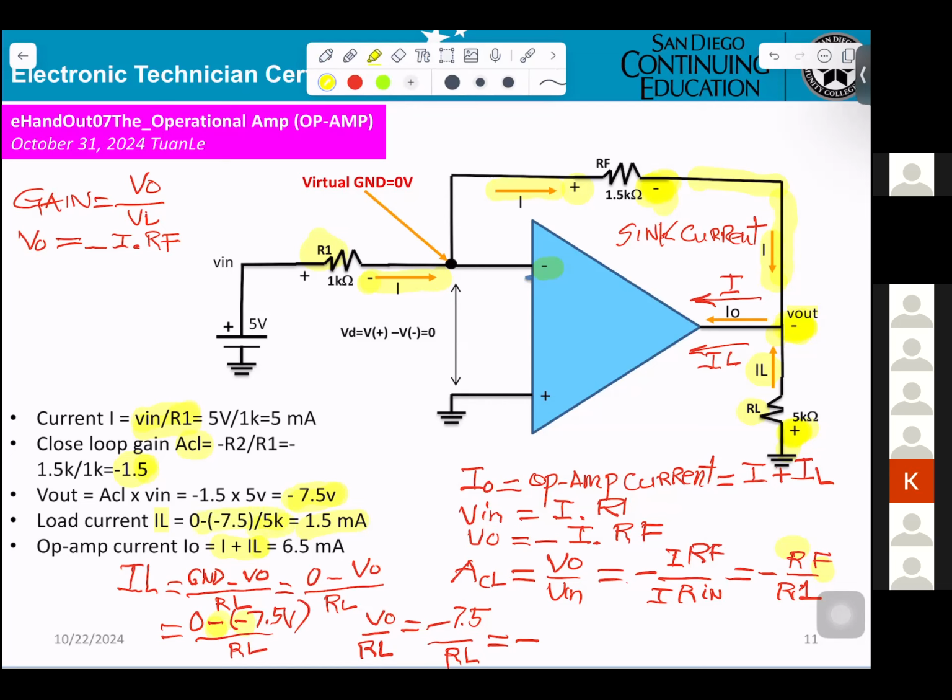So the current has to be positive, cannot be negative. If you say equal VL divide IL, and VL you get a negative, you divide IL, you get a negative current. You cannot get negative current. So that's why you have to set IL as the difference between 0 volt and VL: 0 minus minus 7.5.